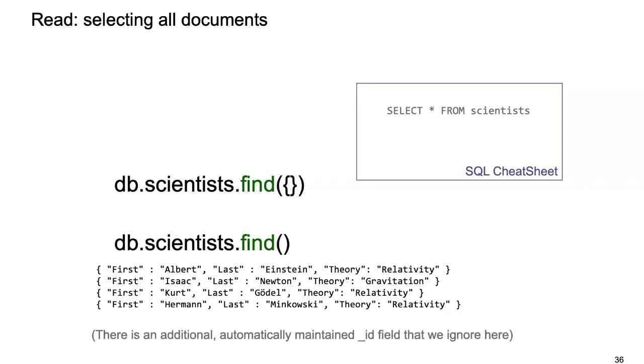But what would that be in SQL? I put it on the top right. It's a cheat sheet, just for your convenience. It's actually as if I had said select star from scientists, right? That actually doesn't exist. MongoDB doesn't support SQL, right? But just to show you the comparison, what it corresponds to. So select star from scientists, it's the SQL cheat sheet. All right. So this is what you get with db.scientists.find. For whom is that clear? That's super easy, it just gets the entire collection.